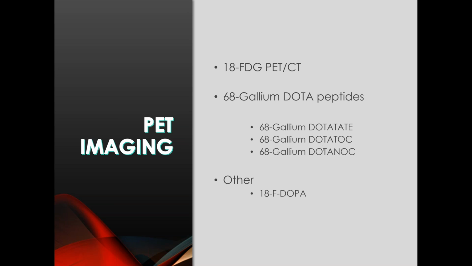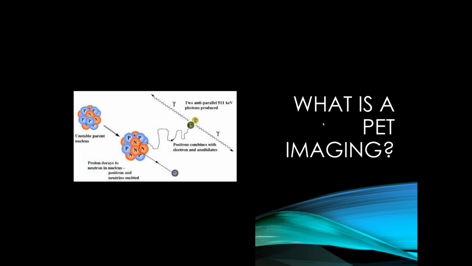There's DOTA-TATE, DOTA-TOC, DOTA-NOC. We use DOTA-TATE here in Calgary. So PET imaging, just so you know, uses a PET scanner, and it's different from the nuclear medicine camera that you see in other nuclear medicine departments. There are PET scanners available in each province, but only in certain hospitals. So it's very limited in terms of availability.